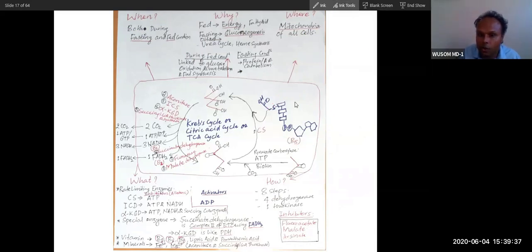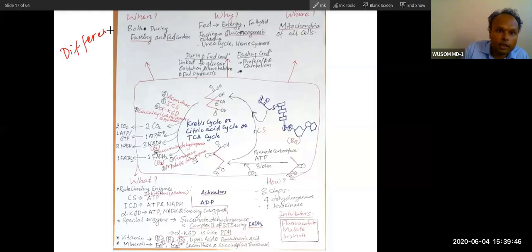From this picture, I want to tell you the difference between cycle and pathway.